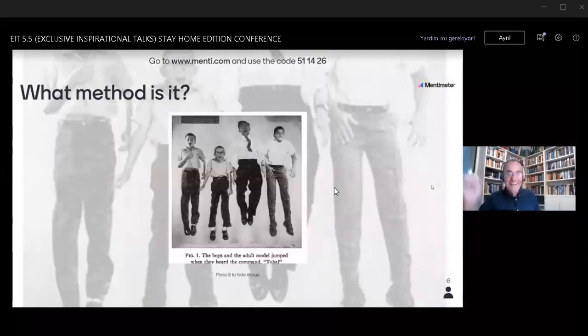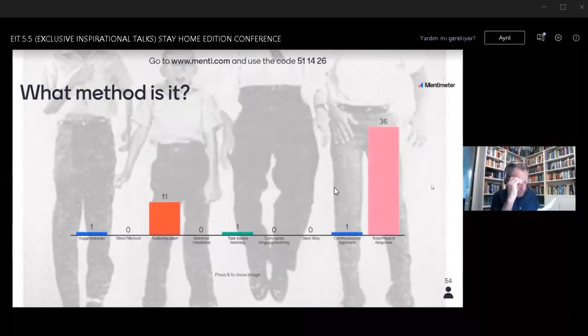I love this picture. You see there's three students with the teacher with the tie in the middle, and it's quite clear that they are jumping. And the caption of this picture is something like, if I remember, the boys and the adult, that's the teacher, the adult model, jumped when they heard the command tobe.